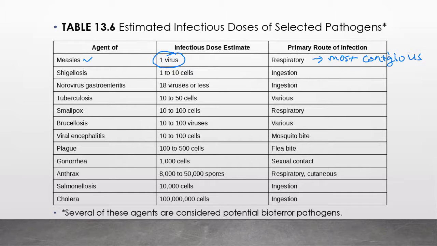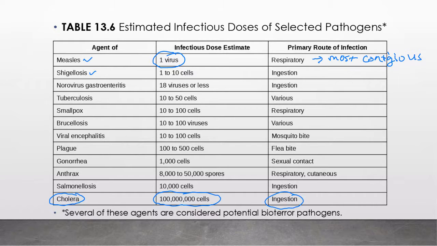Another one that is also very contagious is shigellosis. Okay, 1 to 10 cells through the ingestion can start the infection. Okay, compare, for example, with the cholera over here. So cholera, it requires about 100 million cells to start the infection.